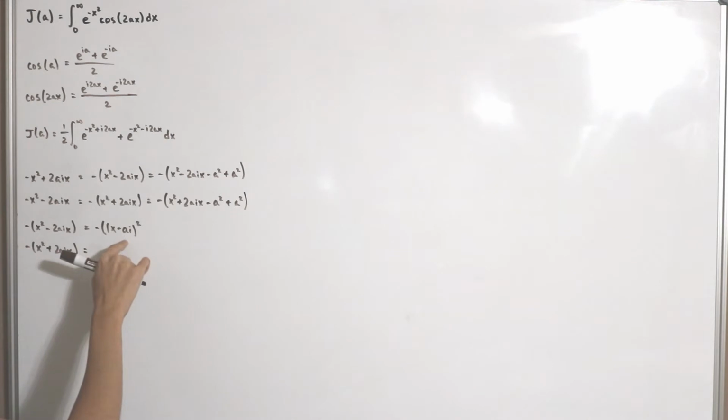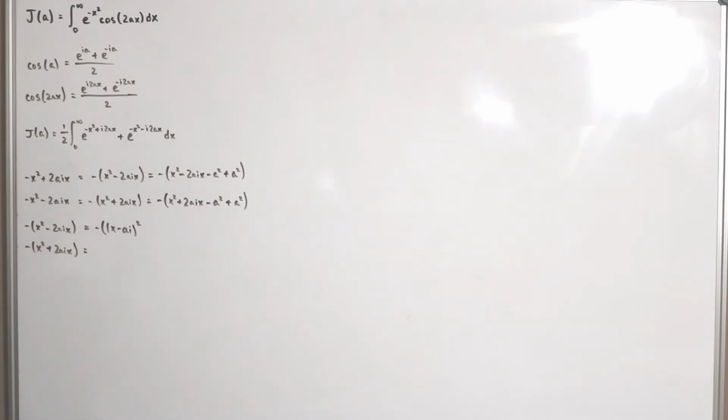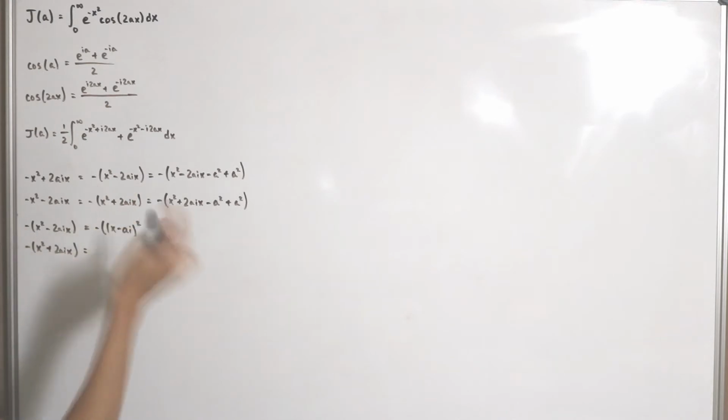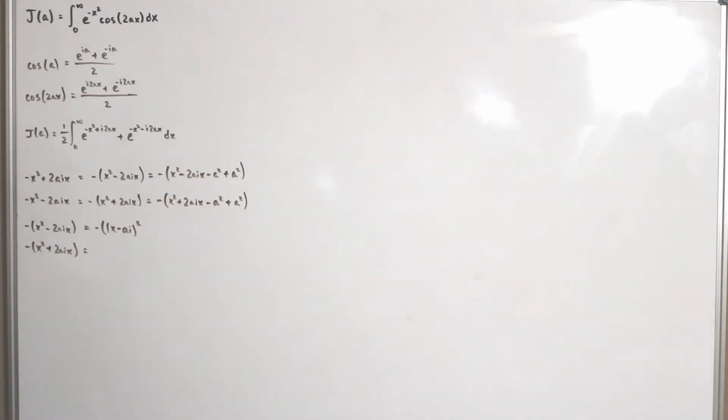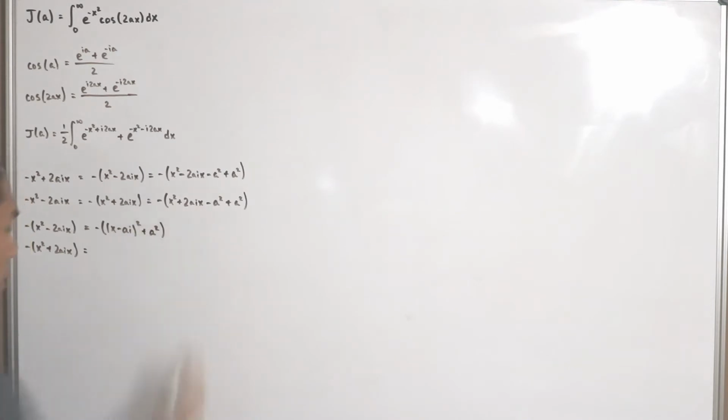Then negative ai multiplied by negative ai again is positive a squared multiplied by i squared. i squared is negative 1, so you get negative a squared. And then this is plus a squared.